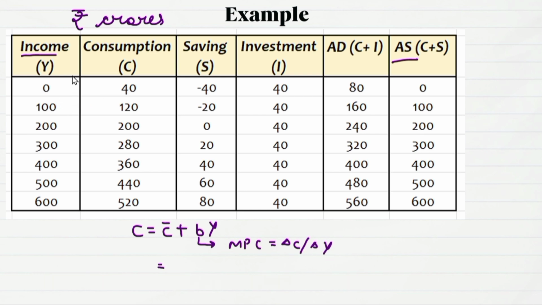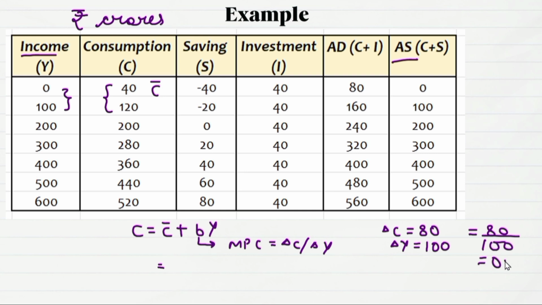We know that at zero level of income consumption is 40, which means this is C bar. And how much is the change? It is from 40 to 120, which means the change is 80. So change in C is 80 and change in income is 100. If I have to find MPC, it would be 80 upon 100, that is 0.8.